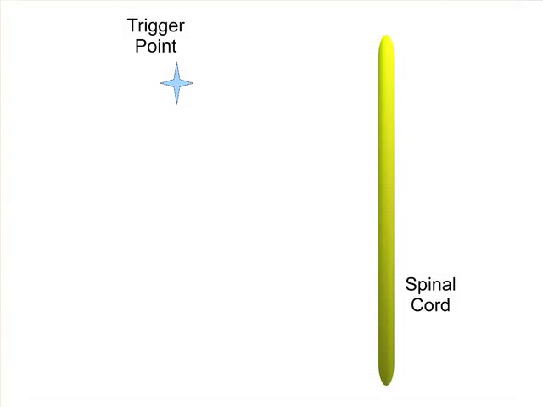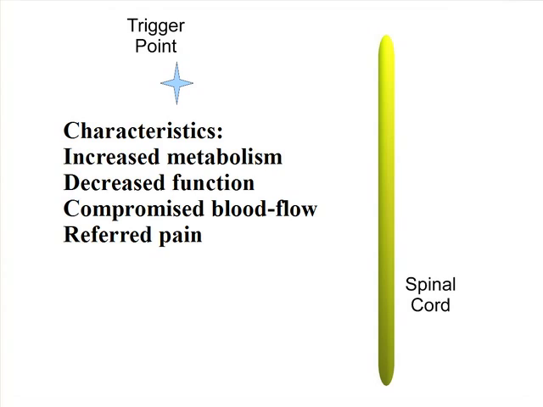So to better help you understand what a myofascial trigger point is, let's take a look at some slides. This first slide is a graphic representation of the spinal cord and a trigger point as denoted by the star. The various characteristics of a trigger point, as seen on this slide, are increased metabolism or cellular goings-on, decreased function in the case of a muscle.